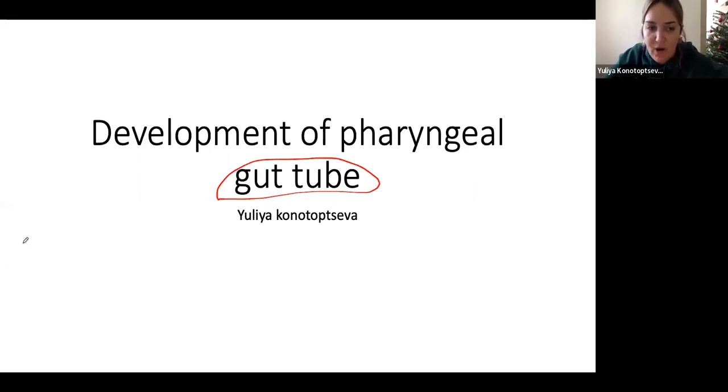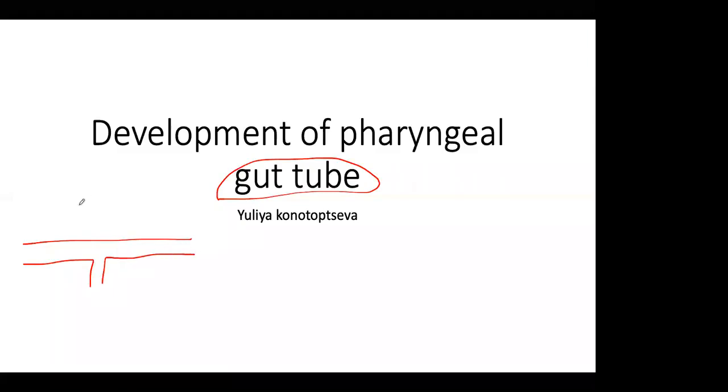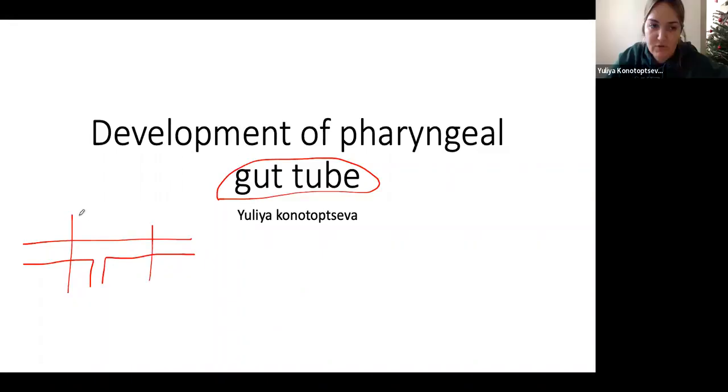What are the three parts of the gut tube? How do we call the three parts of the gut tube? Foregut, midgut, hindgut. Very good. There's the foregut, the midgut, and the hindgut. Of course, the foregut is going to be opening up into the primitive oral cavity.